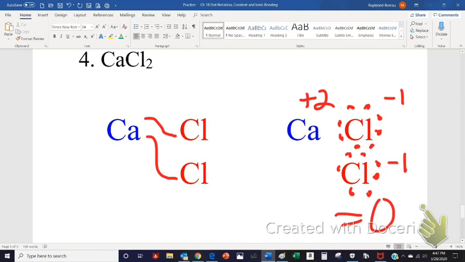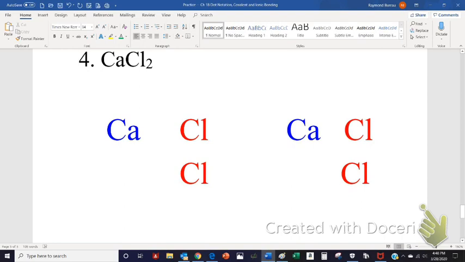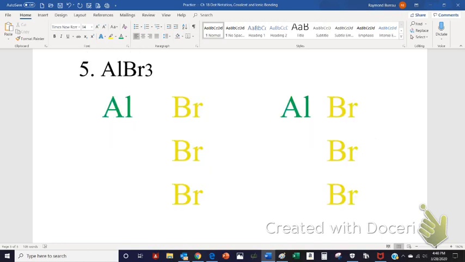All right, I said one more, but there's one here that I'm going to go very quickly to show you that it can get a lot more complicated. There you see aluminum bromide. Now I'm going to breeze through this one very quickly. Aluminum, 3 valence electrons, 1, 2, 3.